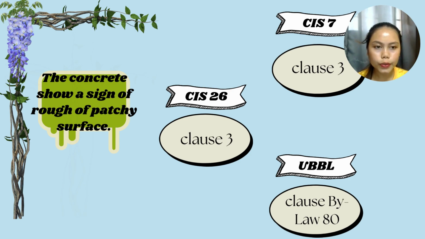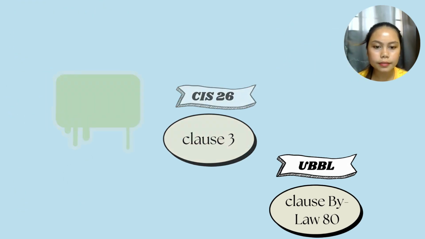And according to UBBL 84, by-law 80, this by-law emphasizes that all material used in construction, including concrete, must be good quality and comply with relevant Malaysia standard and British standard.